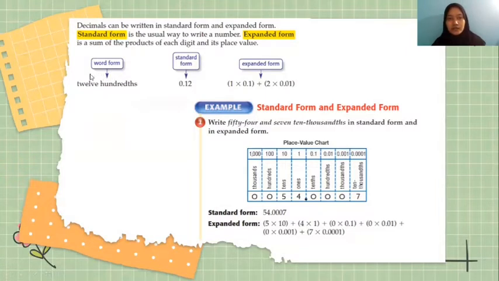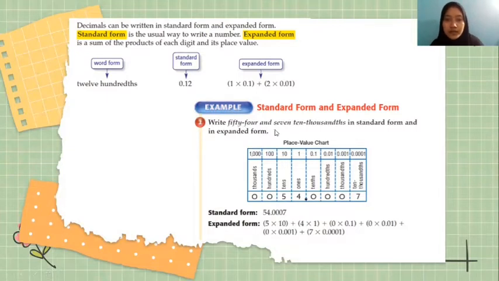The word form is 12 hundredths, and the standard form is 0.12, and the expanded form is 1 times 0.1 plus 2 times 0.01.